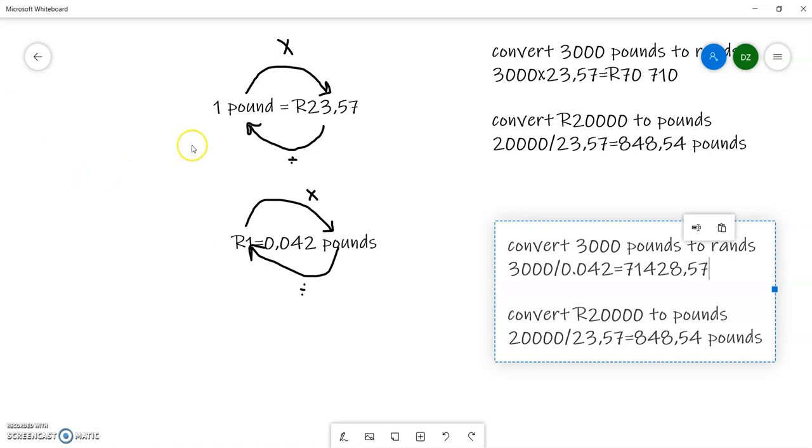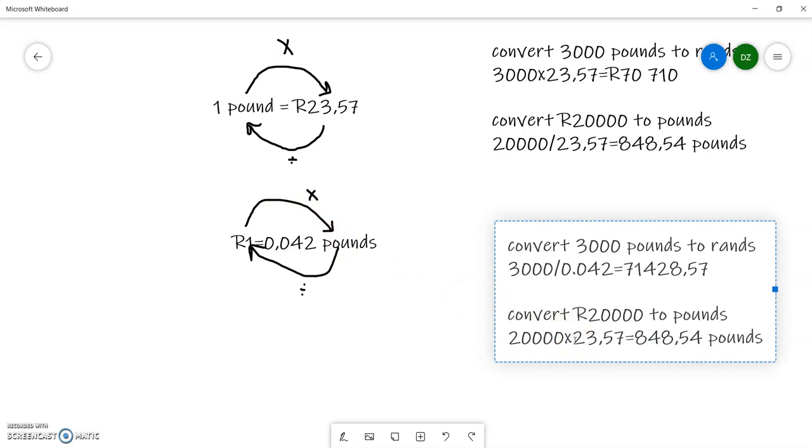So remember to make it 1 unit of something equals the other unit. If you're going from the 1 unit, it is times. If you're going to the 1 unit, it is divide. Let's check with our rands over here. I have rands, I want pounds, so now I intend to times.